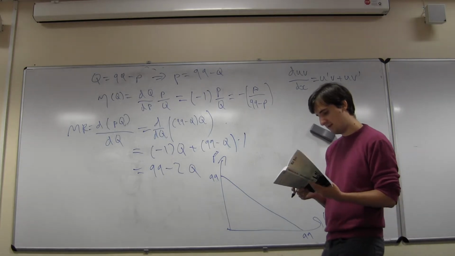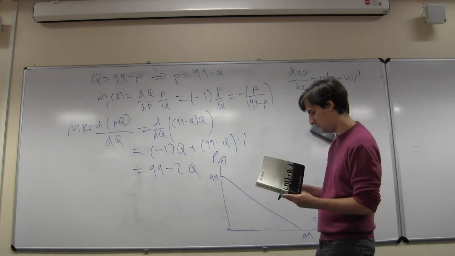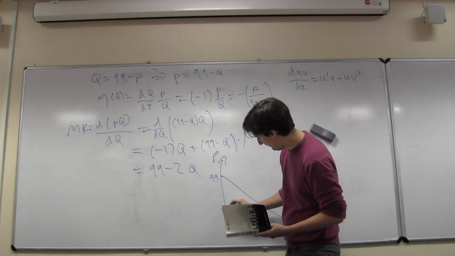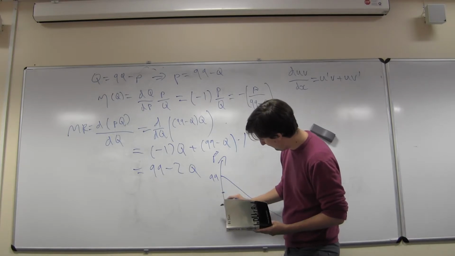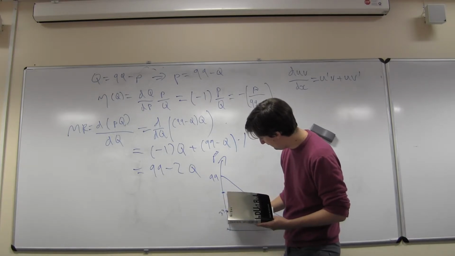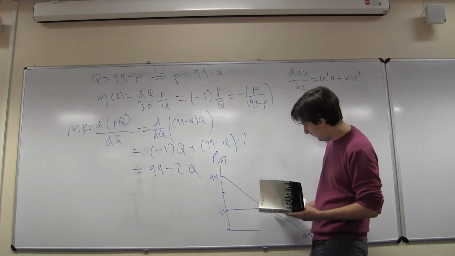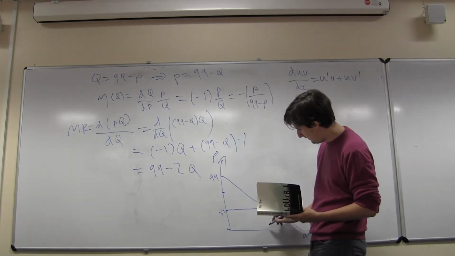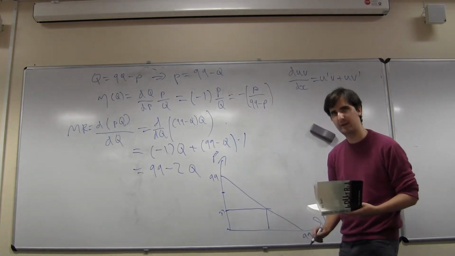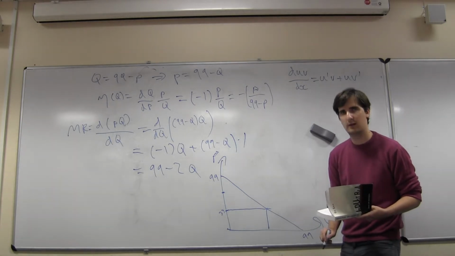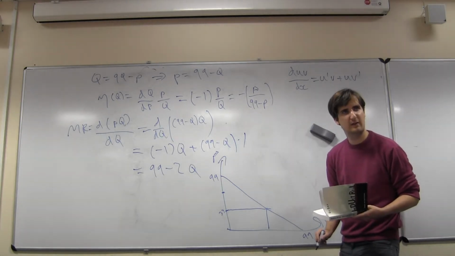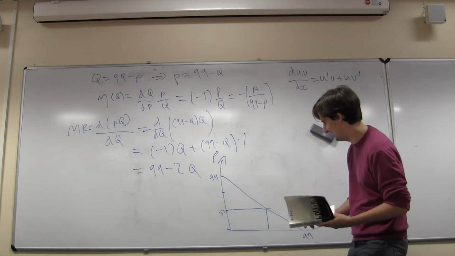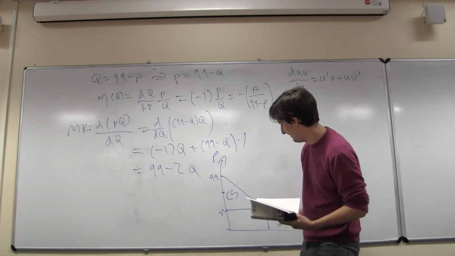And it says consumer surplus when P is 33, and P is 66. Okay, so here's P is 33. So, which bit is consumer surplus? The triangle. Okay, the triangle. Yeah, so this is consumer surplus.